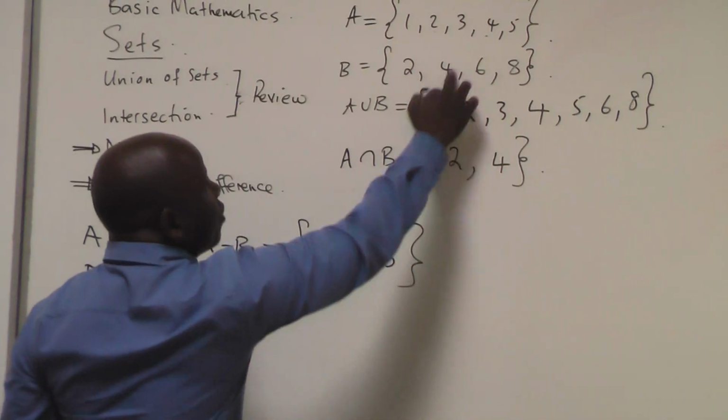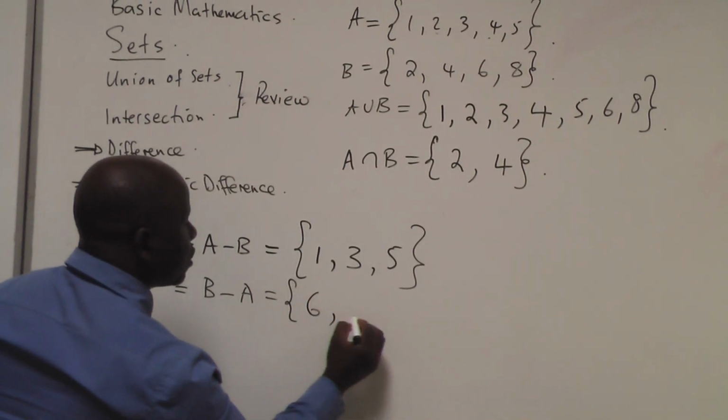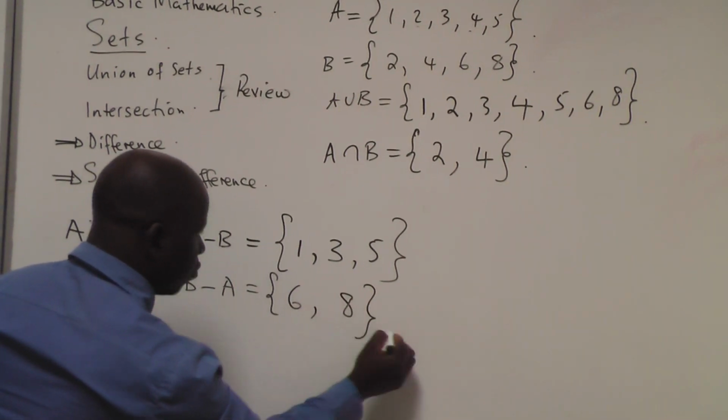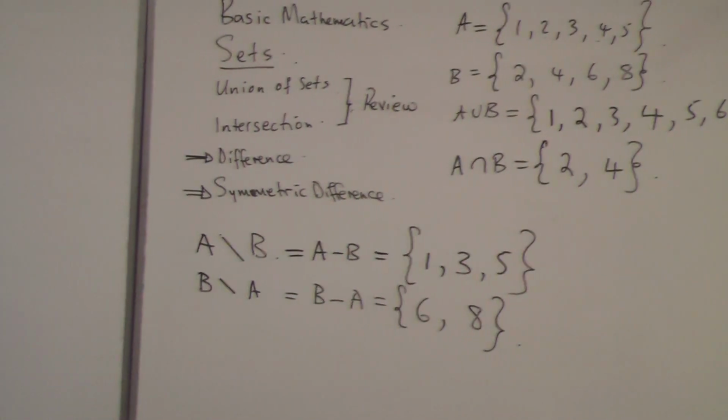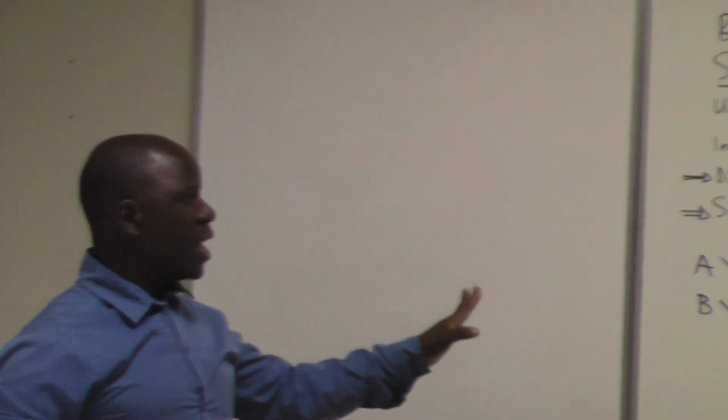We cannot put 4 because it is here. But we can put 6 and we can put 8. This is basically an illustration of A difference B and B difference A.